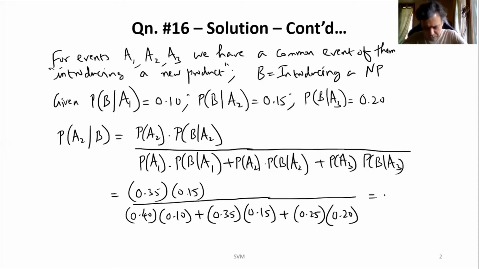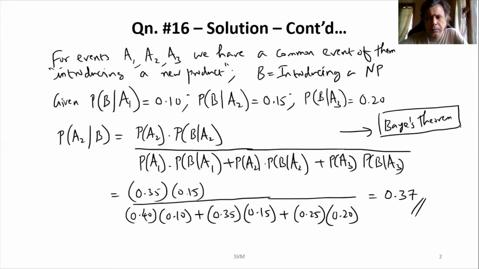So if we calculate all this, we may get the end result as 0.37. So that becomes the desired probability, right? So whatever I have used here is the application of the formula of Bayes theorem. Let us move on to the next question.